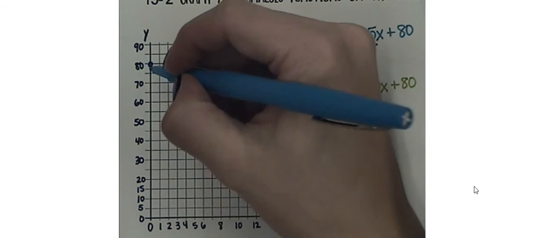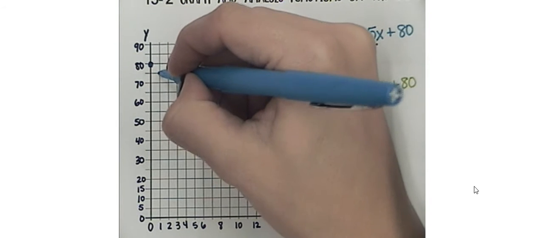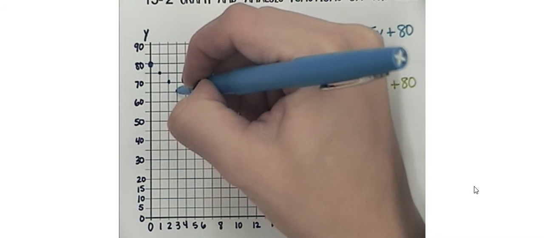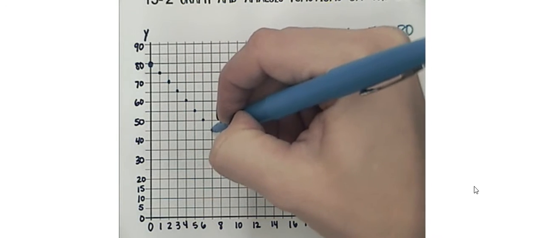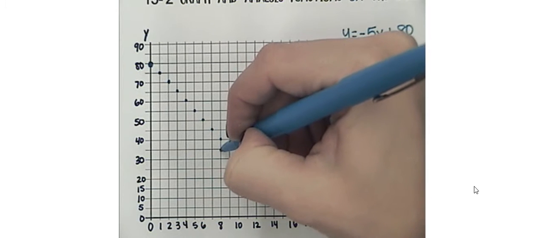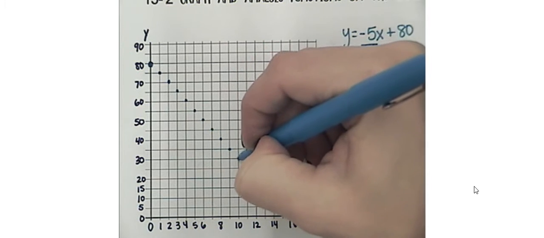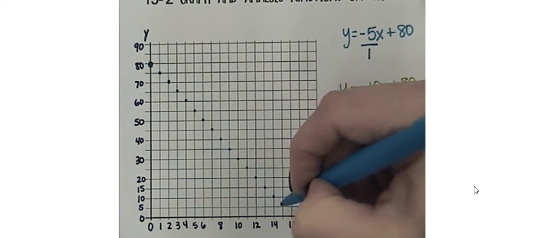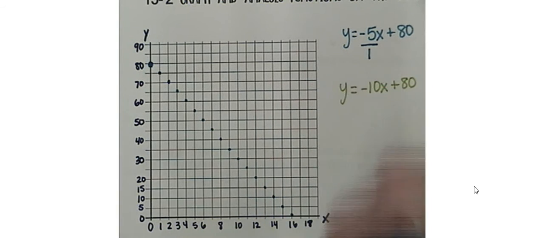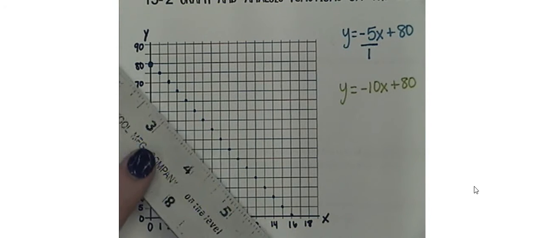Well, we're going to go down 1 box over 1, down 1 over 1, all the way. Down 5 over 1, 5. Then use a ruler and connect them so it's nice and straight.